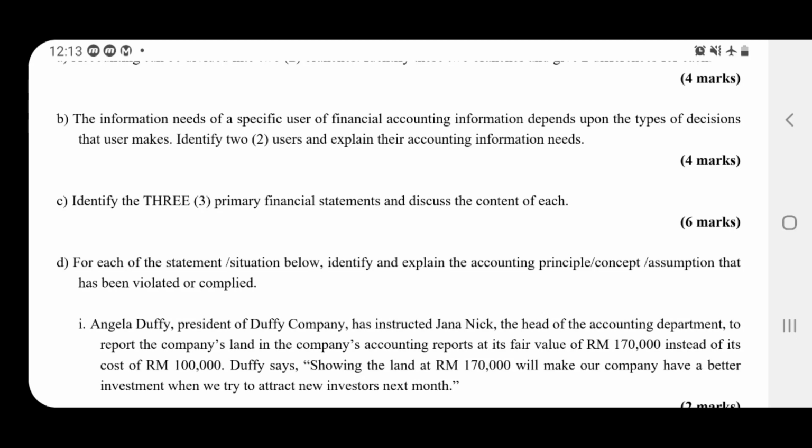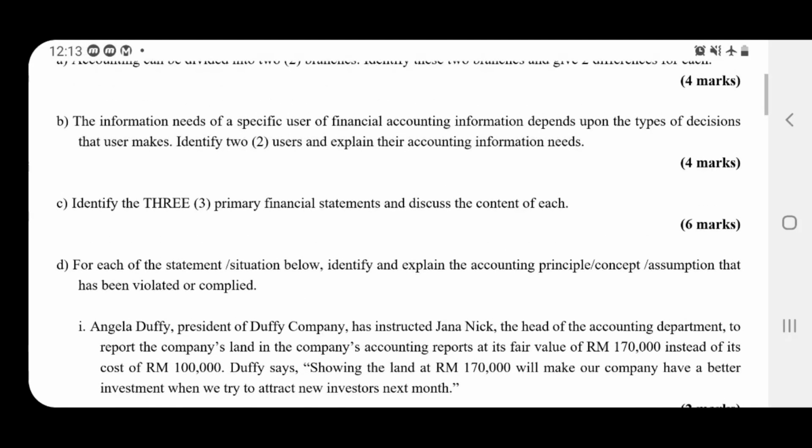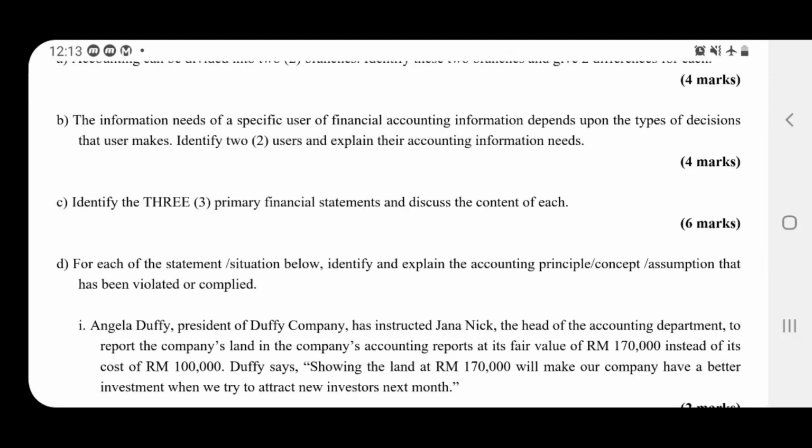The second user of financial accounting that I can remember now is creditor. Creditor is the second user, and most of the time creditor needs information about the liquidity or cash flow of a business.